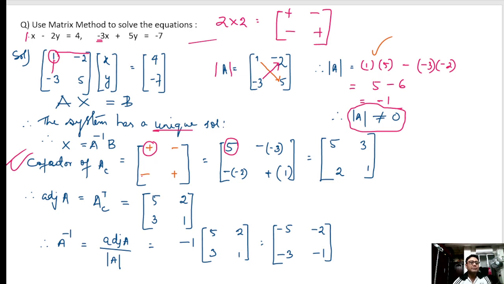Clear? Next, for this position, leave this row and this column. What is left? Minus 3. Write it here, but the position has a minus sign, so write it with a minus sign. Clear?